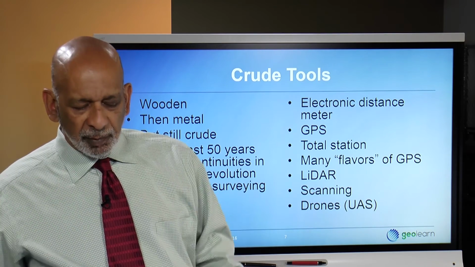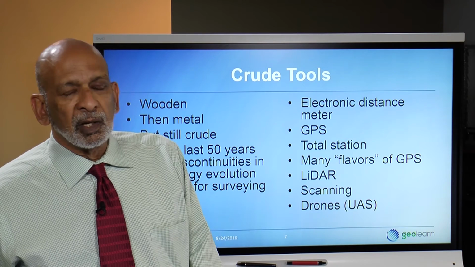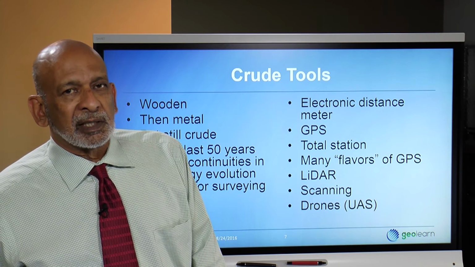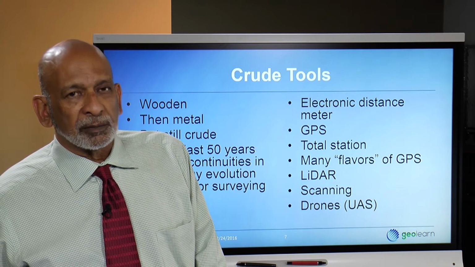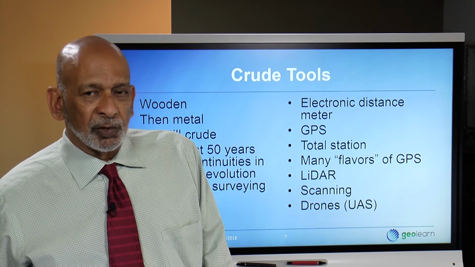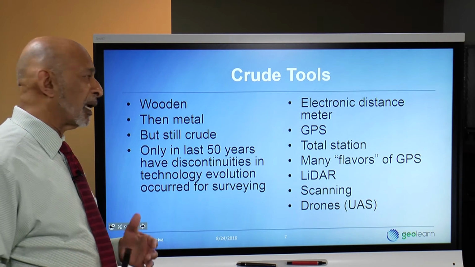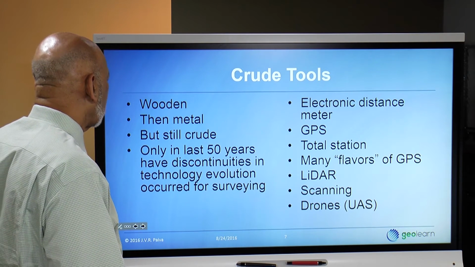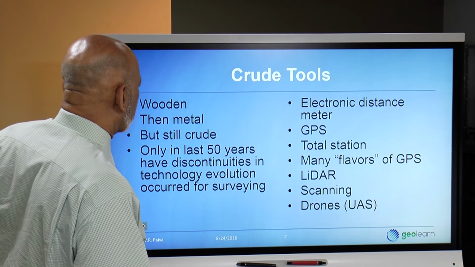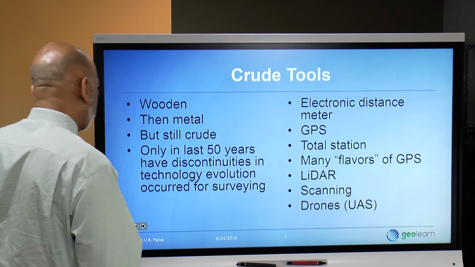The most common one near the end of the period when links were used was 0.66 feet long, because 100 of them made a chain that was 66 feet long, and so the 66-foot chain actually became a unit of measure. And they used compasses and so forth very heavily in the 19th century, the 1800s.